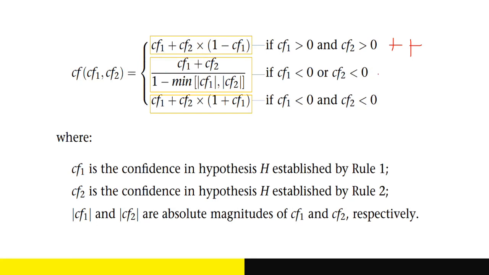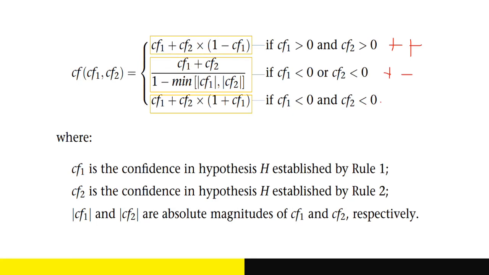For the second equation, it is used when one or both pieces of evidence are negative. In this case, the certainty factor of the combined evidence is equal to the sum of the certainty factors of the two pieces of evidence divided by 1 minus the minimum of the absolute values of the two certainty factors.